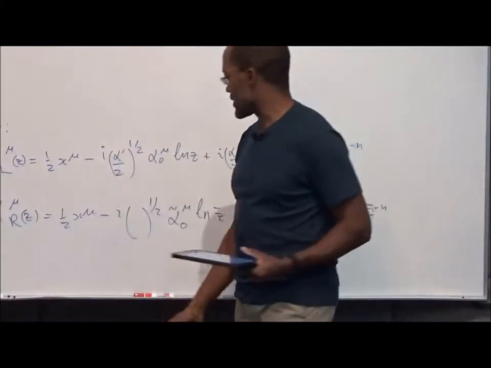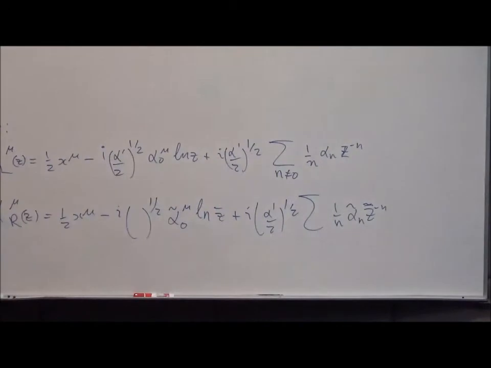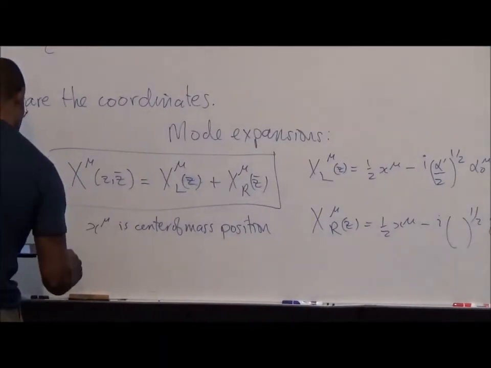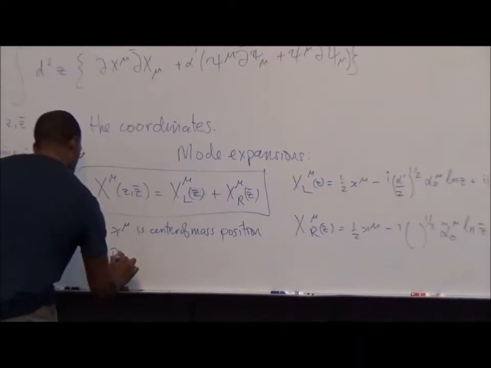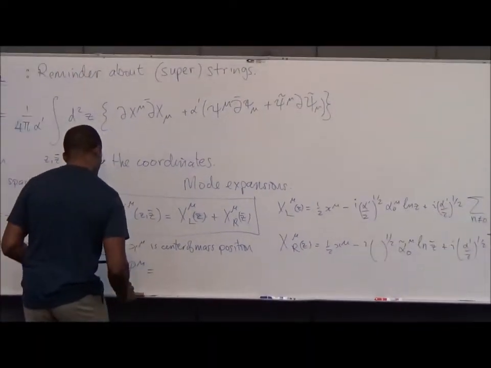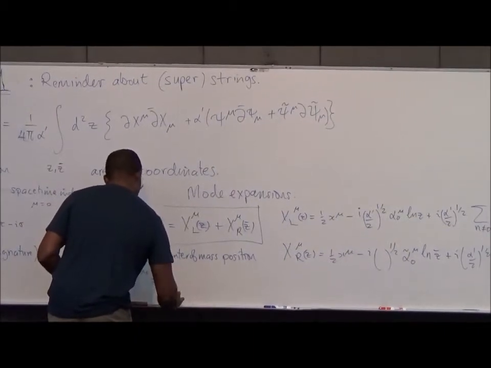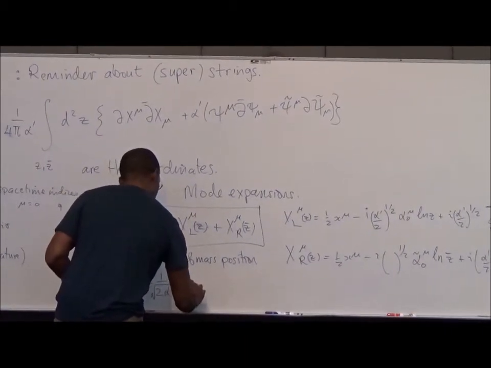Doesn't matter. So little x mu is the center of mass position. And then there's also the center of mass momentum, which I'm going to call p mu. And that's 1/2 alpha prime square rooted alpha 0.